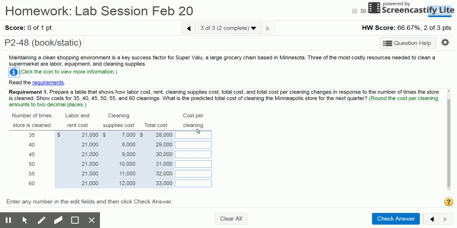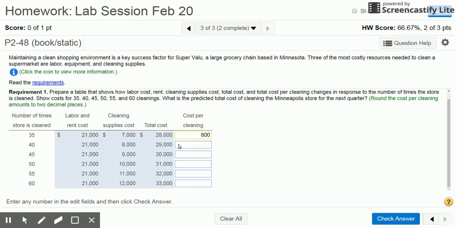Now, cost per cleaning. This time we have to find the cost per cleaning for each of the options, which is 28,000 divided by 35. If you divide these numbers, each time that we clean the store we are spending $800 for the first line.